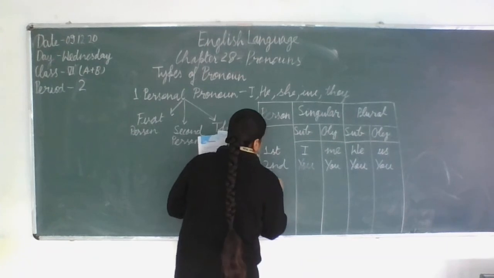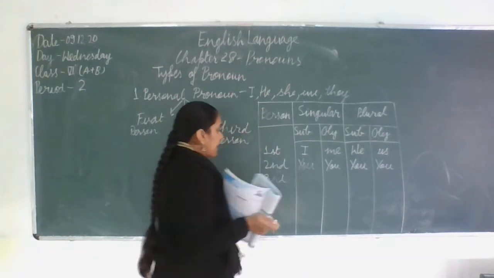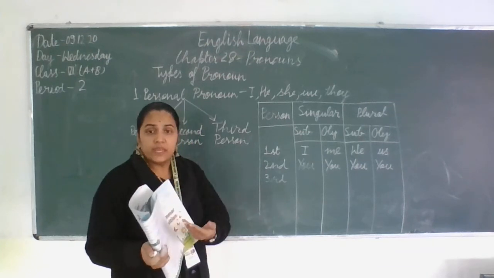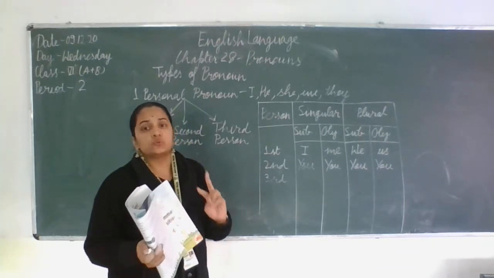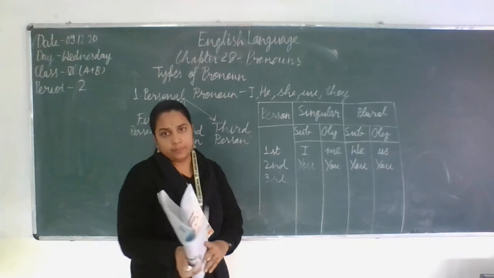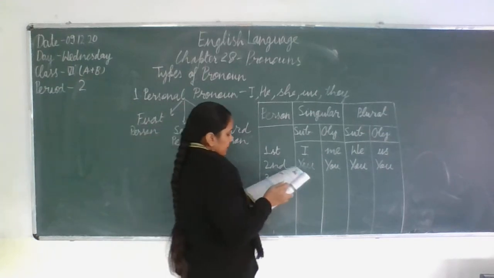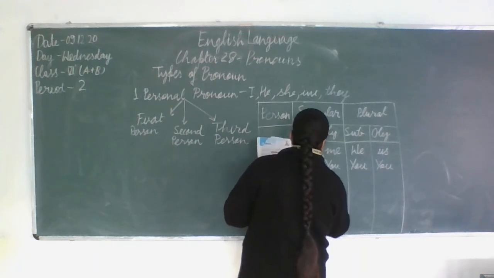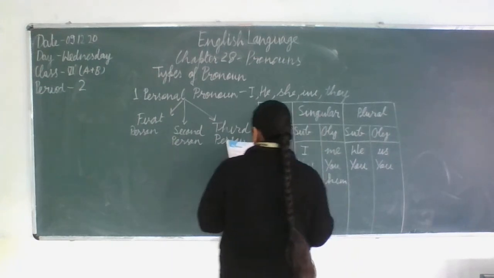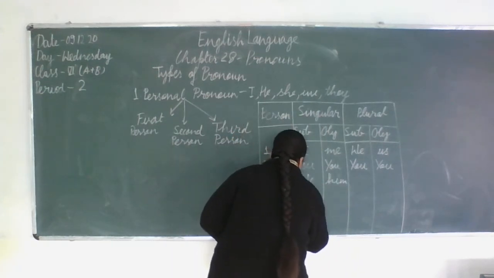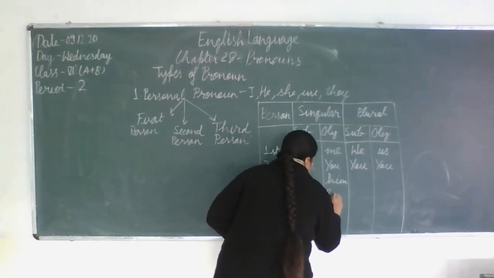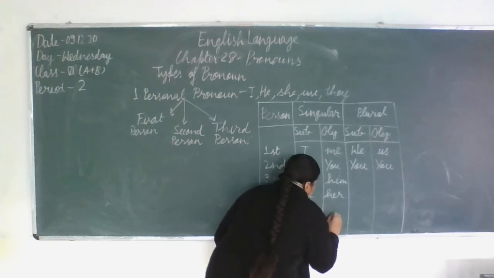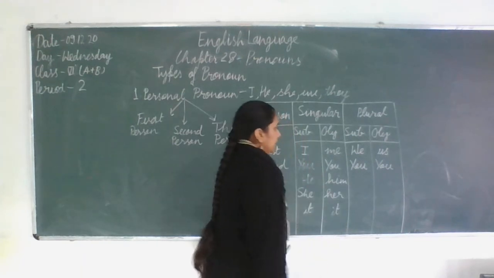Now, for the third person, the number of pronouns will be more because we can talk about a number of people. So, for example, he will become him, the object, she will become her, and it will remain it only.